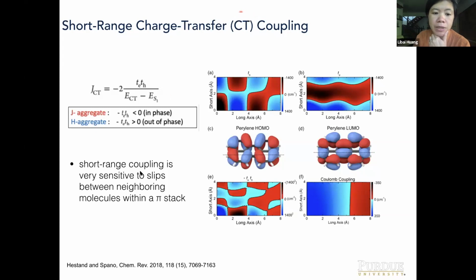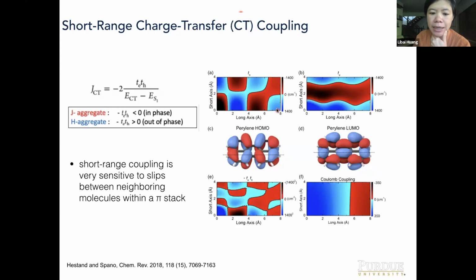Frank, of course, is the expert in this kind of theory, and his earlier work predicts that for this type of perylene diimide molecule, the charge transfer coupling can change from a J type to an H type with even just a slight change in the short axis slip and the long axis slip.